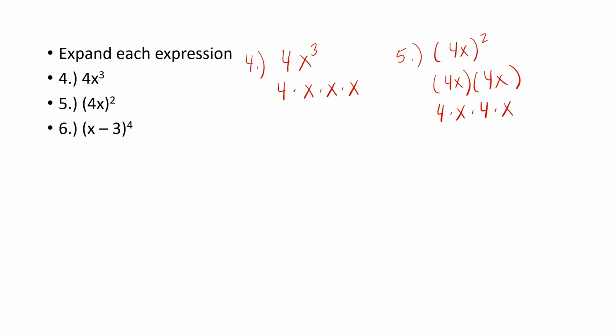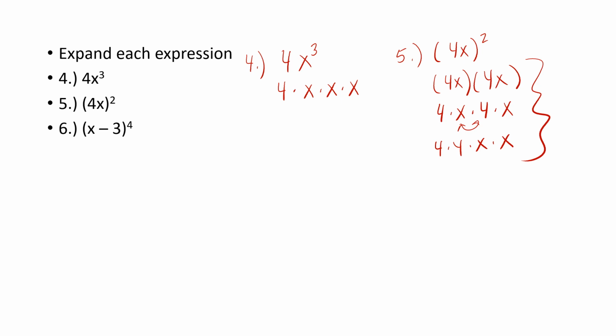Or sometimes people will collect all the like things together, and so we'll use the commutative property right there, and we'll switch the order of the x and the 4, and we would say 4 times 4 times x times x. Now, if the directions only say to expand, then all of those would technically be correct answers. You would want to just be careful about what your teacher is asking you to do or what the expectation might be in your class.